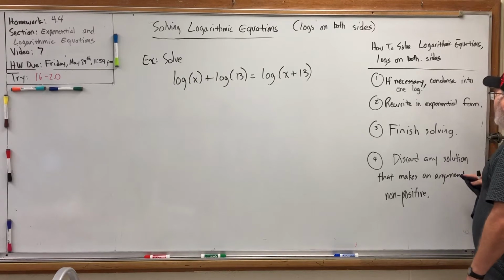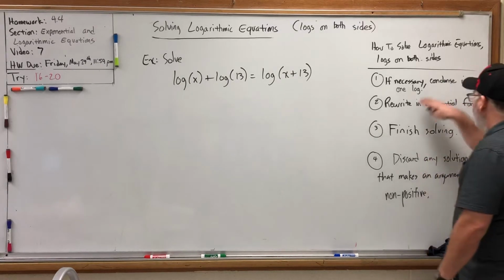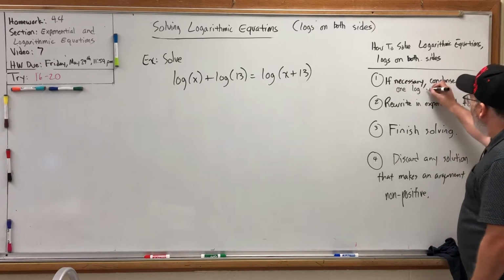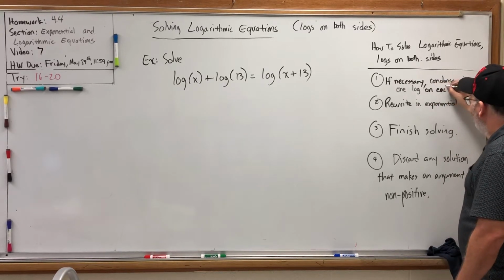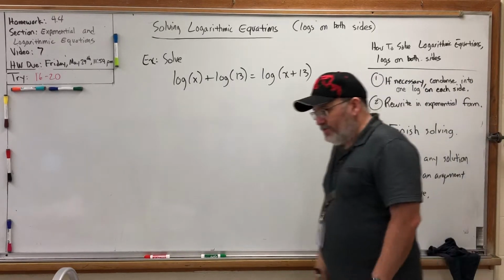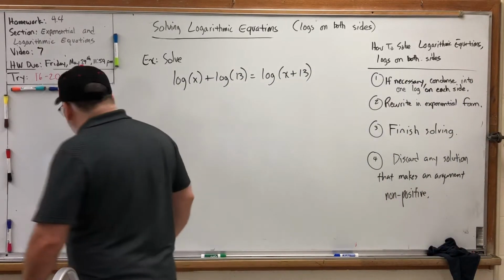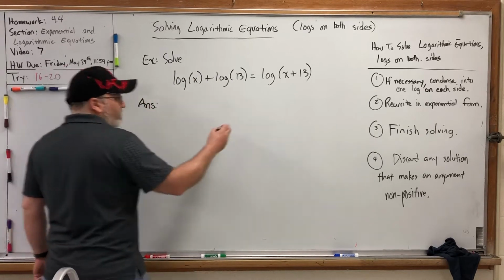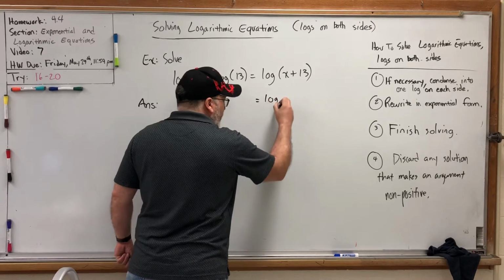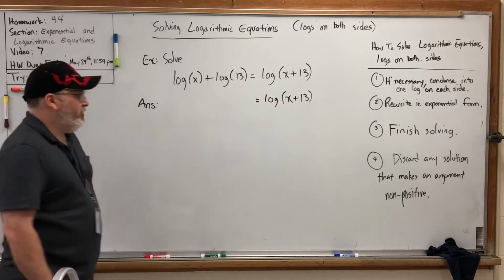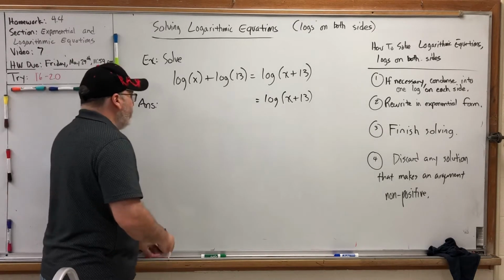But since we have logs on both sides, we need to amend the first step to say, if necessary, condense into one log on each side. So our goal initially in the first step is to get one log on each side. In this one, we already have one log on the right side, so there's no need to condense over there. But on the left side, we have the sum of two logs, so we can use the product rule.